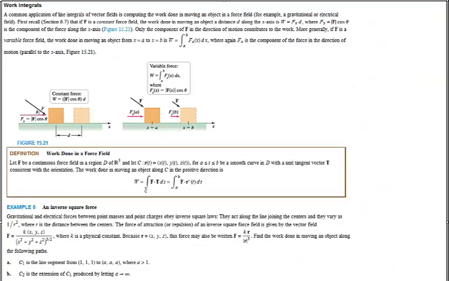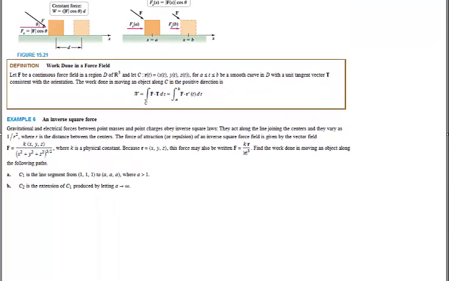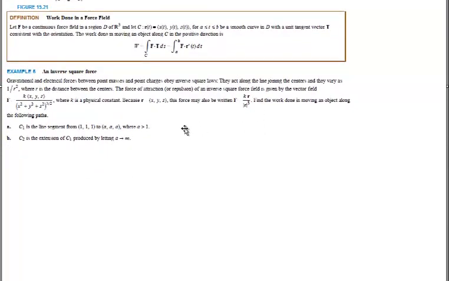We can now apply what we just learned to work integrals and get the work done in a force field. In example 6, we're going to do just that. So first up, we will need to get our r vectors. Writing this in terms of t, notice that t is going to be going from 1 to some a value.